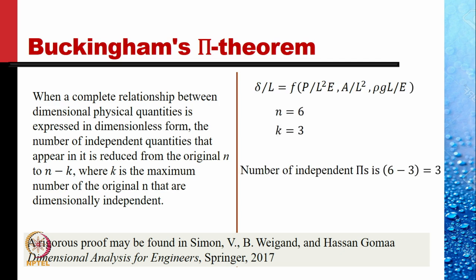Notice that originally there were 6 independent parameters. Now the number of independent pi's is only 3, 6 minus 3, where k, the number of basic groups, is 3.